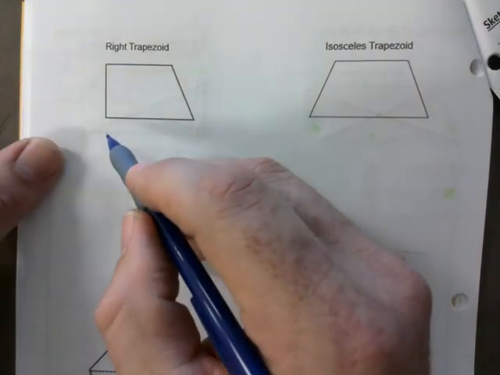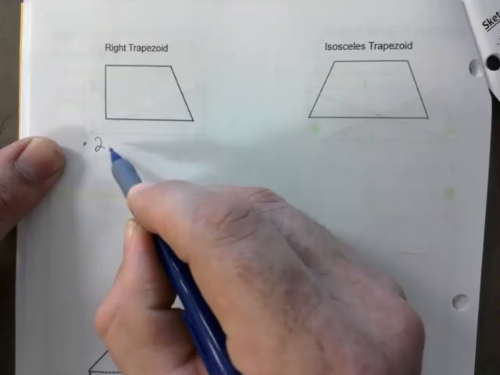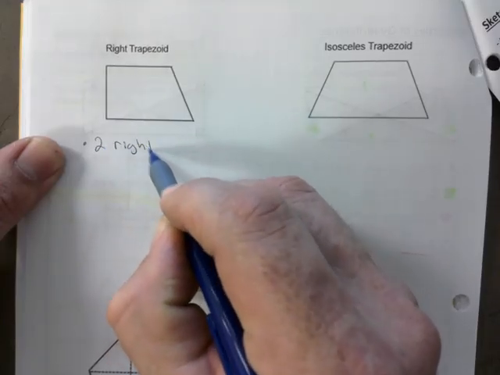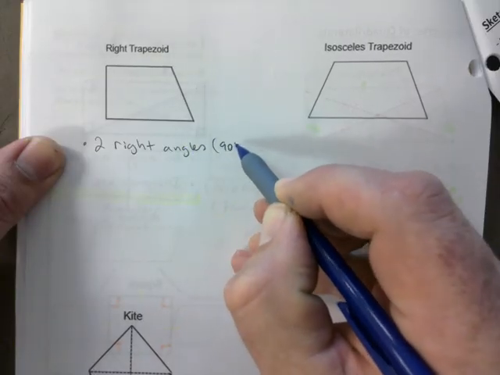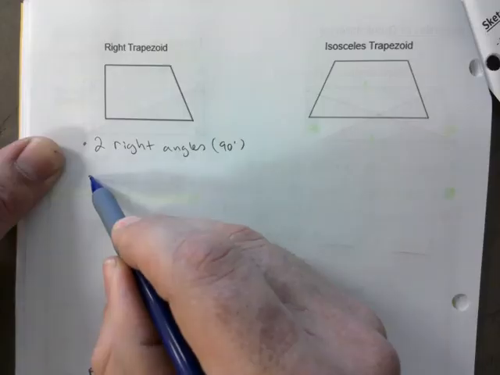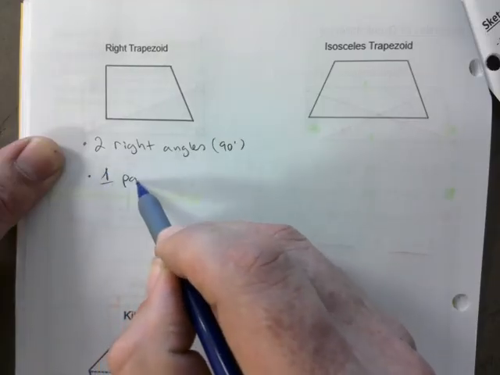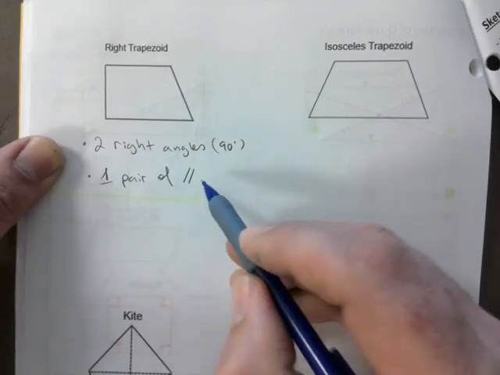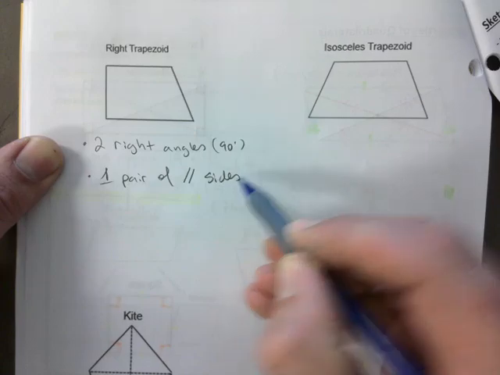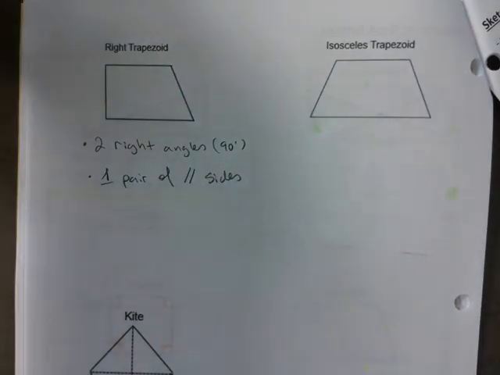A right trapezoid, it's got two right angles. And it's got one pair of parallel sides. That's it. There's not much to be said about a right trapezoid.